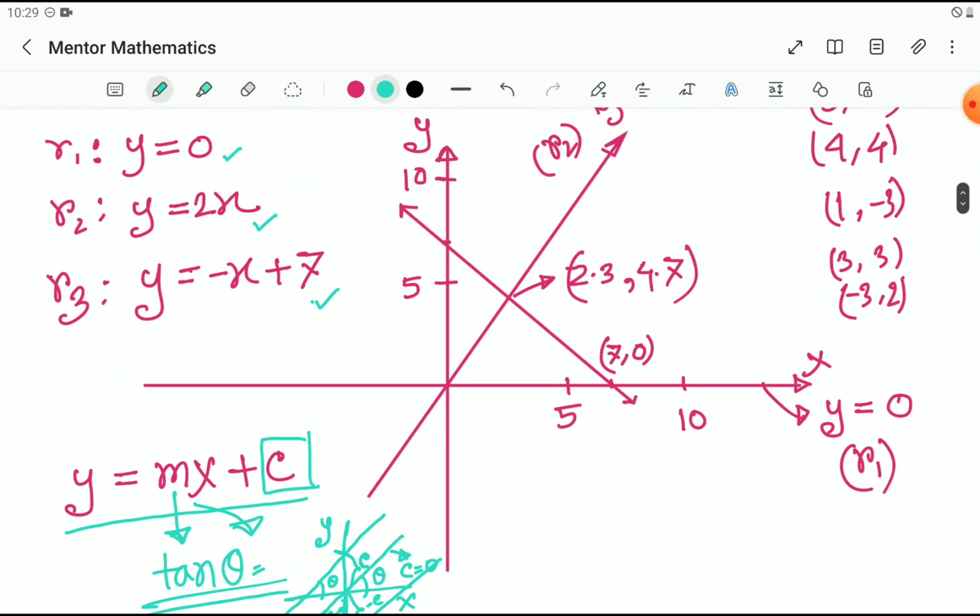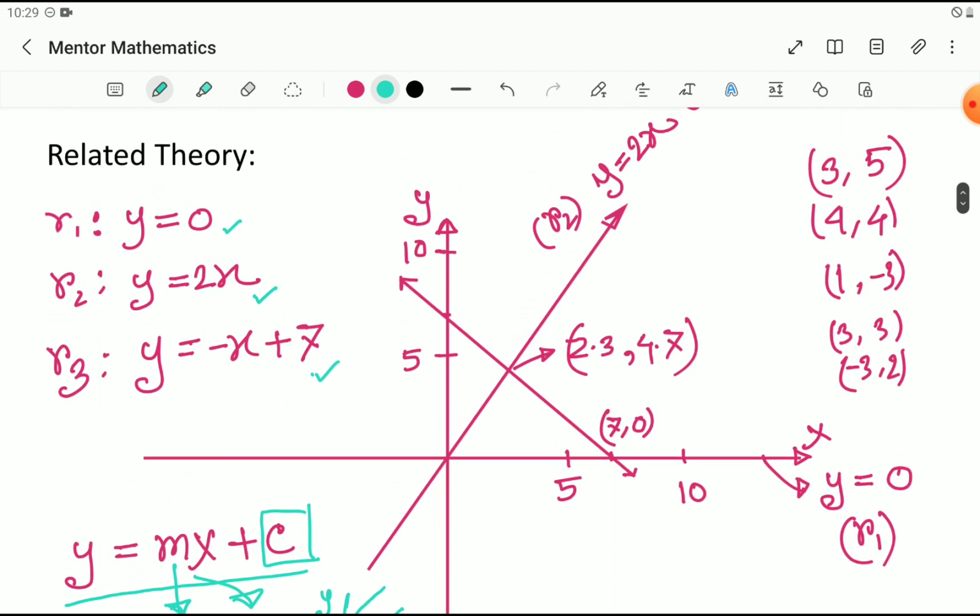Now we can draw all the lines. Let's draw first the straight line R1, and it's given y equal to 0. So y equal to 0 means it doesn't have slope. The value of slope is 0, plus the value of c is also 0.